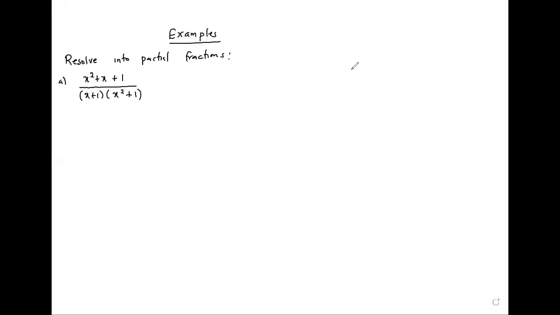So this time it has x squared plus 1 here, so that is not linear.